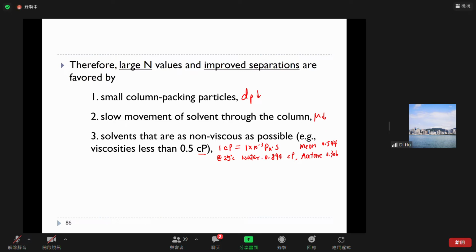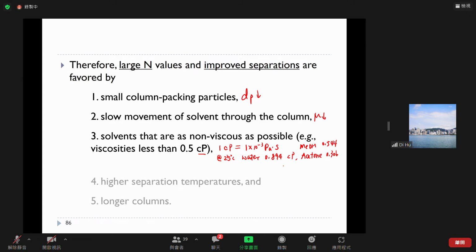But we are not just thinking about the viscosity issue. We are also thinking about other things like solubility and whether it is compatible with the column and so on. But if we just look at this, the organic solvents acetone and methanol have a smaller viscosity value than water.